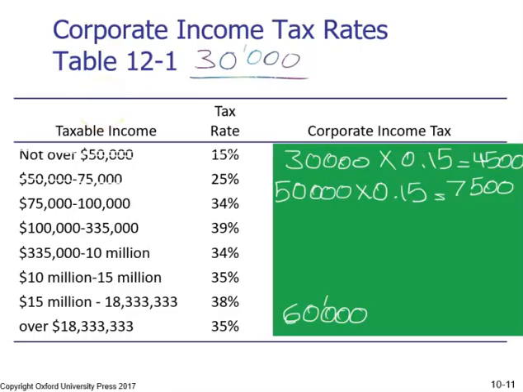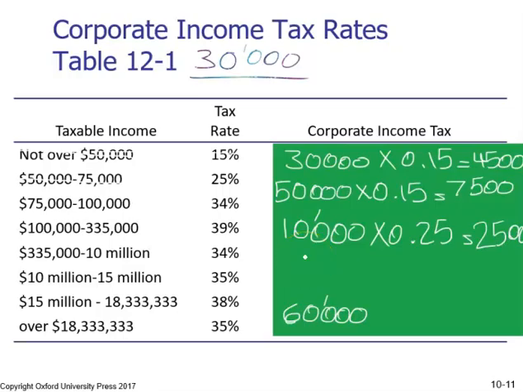I'm doing the math in this way. It is $60,000, so it is $10,000 in the second tax bracket. And it should be taxed at 25%. So it would be 2,500.